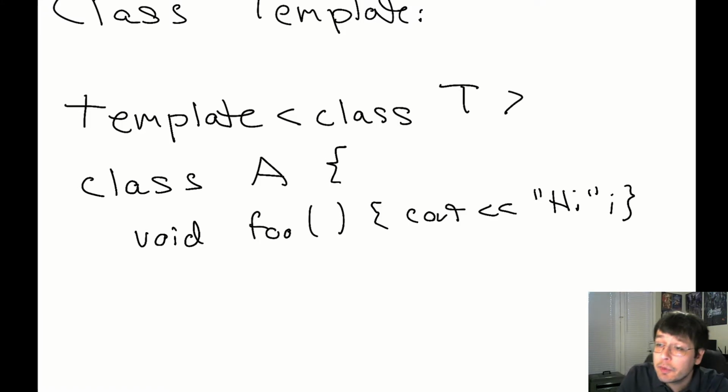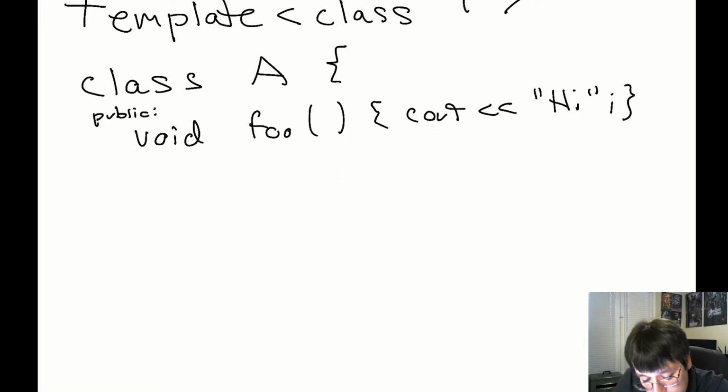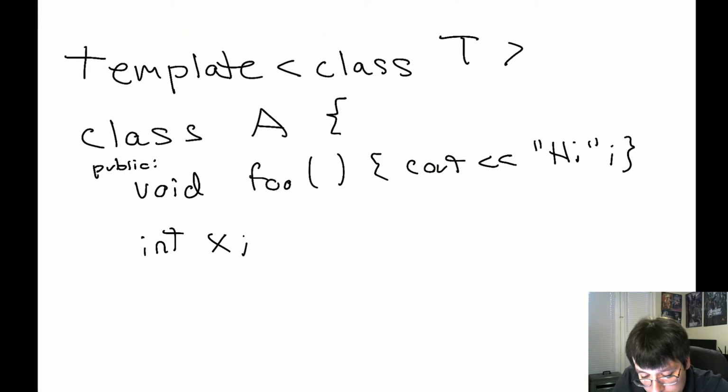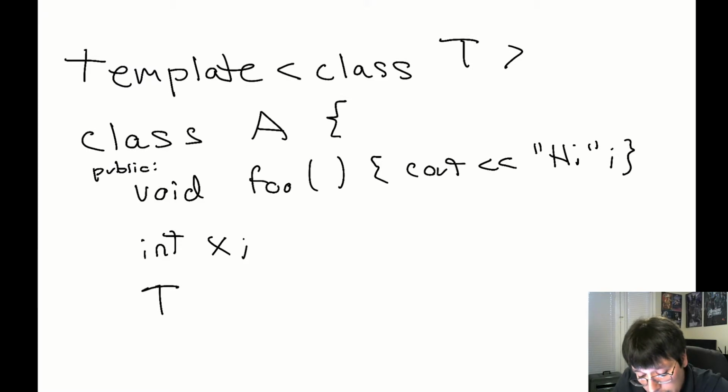But the reason I'm using a template is because at some point in here, I would like to have a templated variable. So maybe down here I have my variable list. Maybe I have an X in here, but I also have a templated variable, so TA.